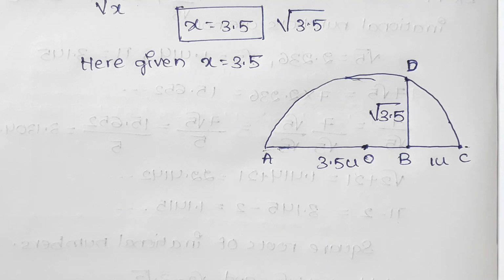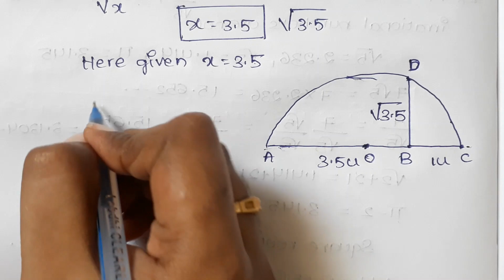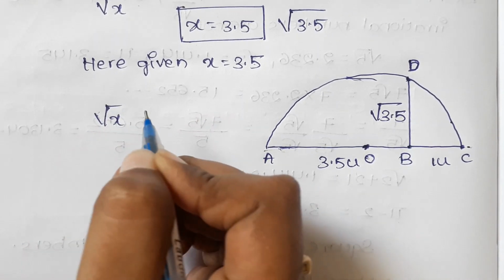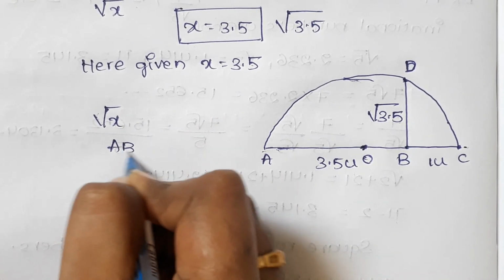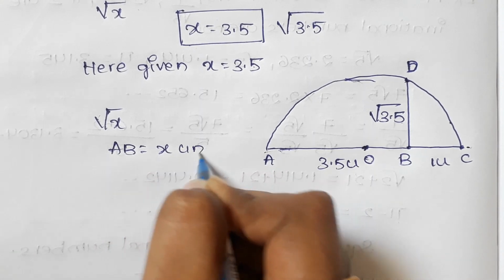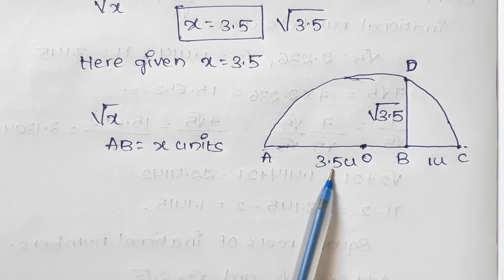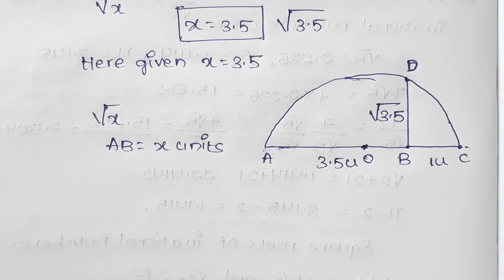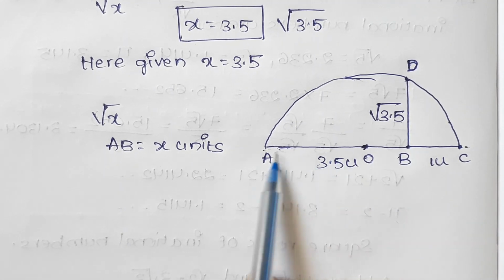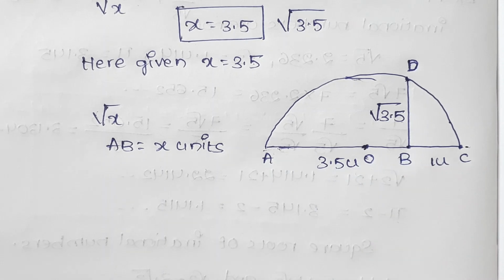And now in case of finding root x, AB equals x units. Here we have taken 3.5 units for example, and now let us take x units and draw the line.